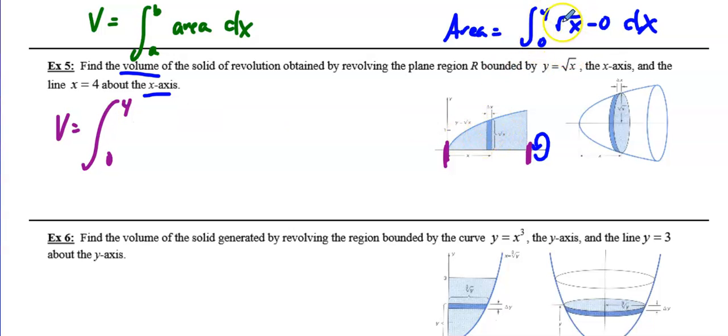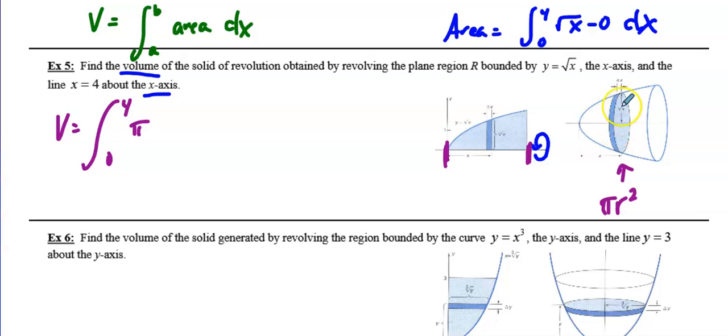Now, what I want to talk about with this particular example is that when we rotate it around the x-axis, it's going to be a circle. When we rotate this region around, we're going to start seeing it become a circle. So we want the area of this circle. The area is going to be pi r squared, and all we have to do is find the radius of our circle, and that's going to give us what we're going to integrate. I'm going to put the pi here because of the circle.